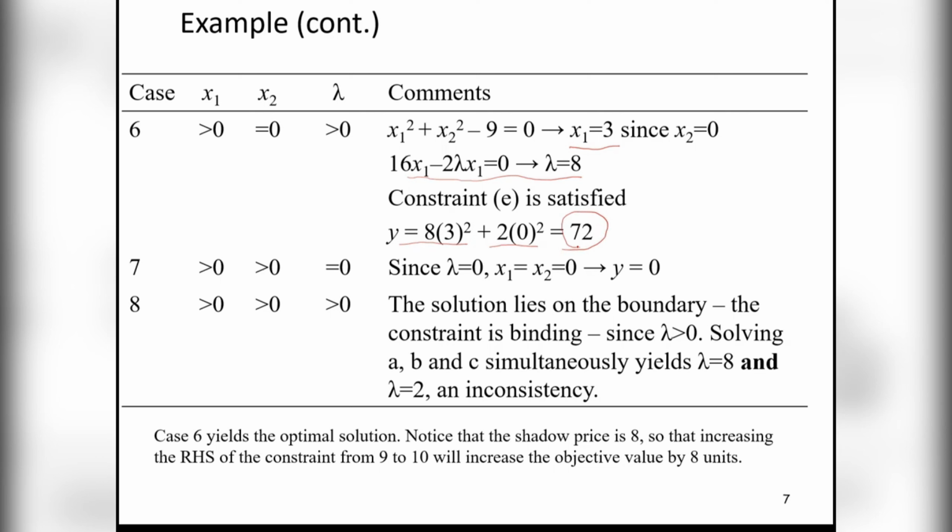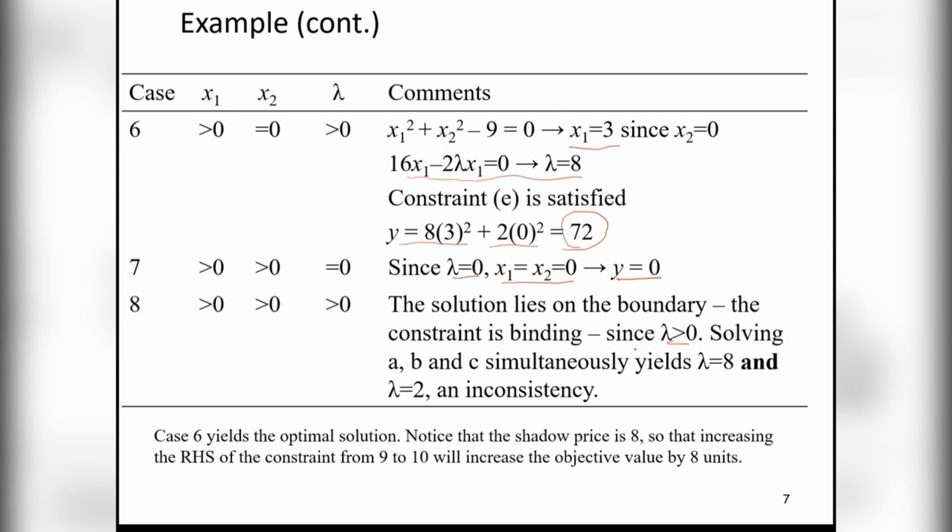So we've got 3 solutions so far, and this one where lambda is 0 and x1 and x2 are 0 implies that y equals 0. The solution in the last case, where they're all greater than 0, lies on the boundary. The constraint is binding since lambda is greater than 0, solving A, B, and C simultaneously.